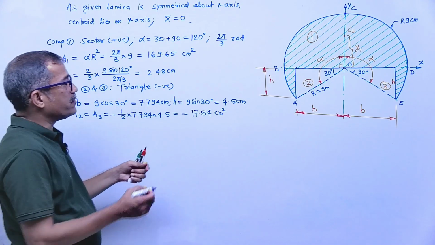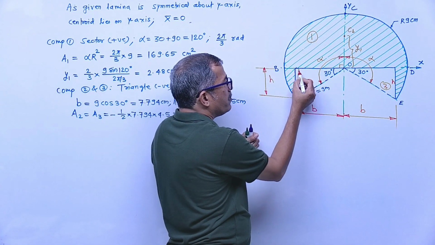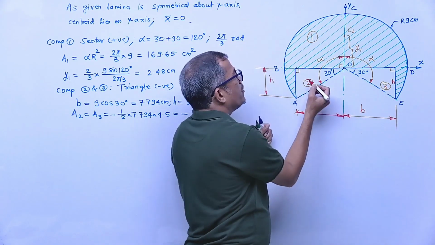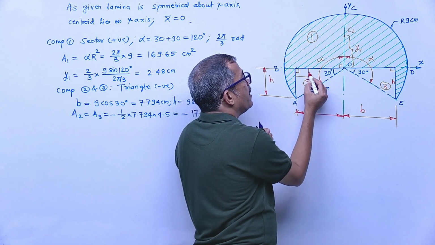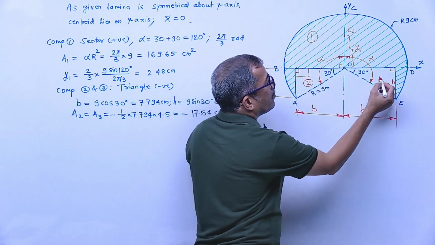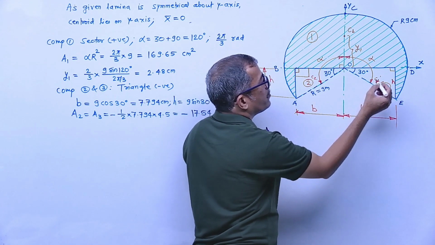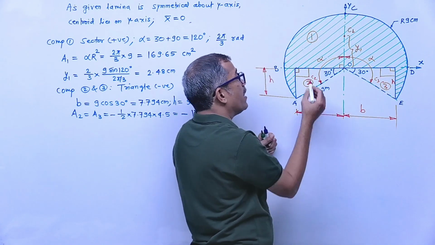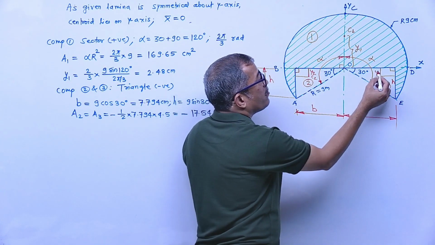Now which distance do you have to find? Only the y distance. For any right angle triangular lamina, where two sides are mutually perpendicular, the centroid is located at b by 3 and h by 3. Here, suppose this is C3 and this is C2. This distance is h by 3, and this one is b by 3. You are interested in y, so this dimension is y2 and this is y3.